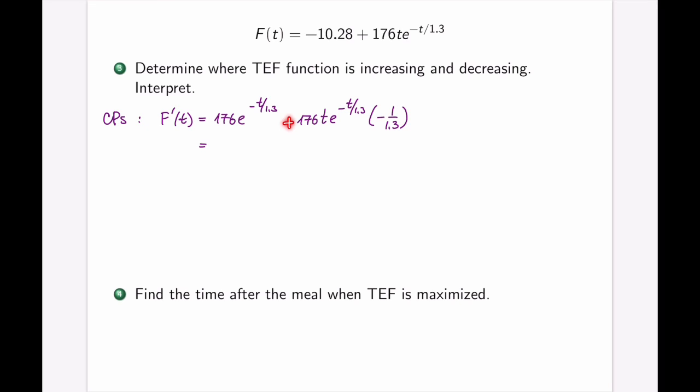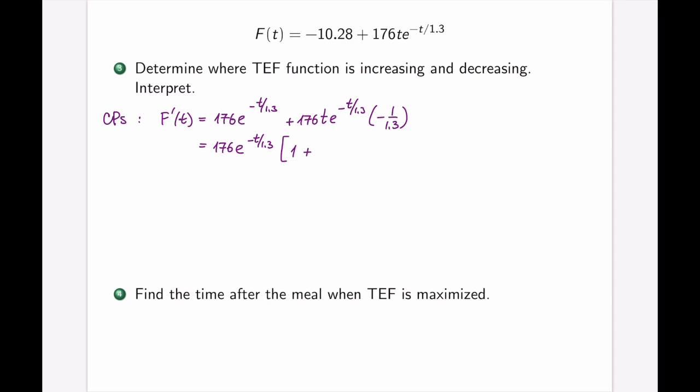So I notice that I have two terms that are connected with a plus. So what do the terms have in common that I can factor out? The terms have 176, both of them, so I can certainly take out 176. And the terms, both of them, have e to this power. So I can also take that entire term out. What am I going to have left? I've taken out 176 times e to the entire power, so I've taken this entire term out.